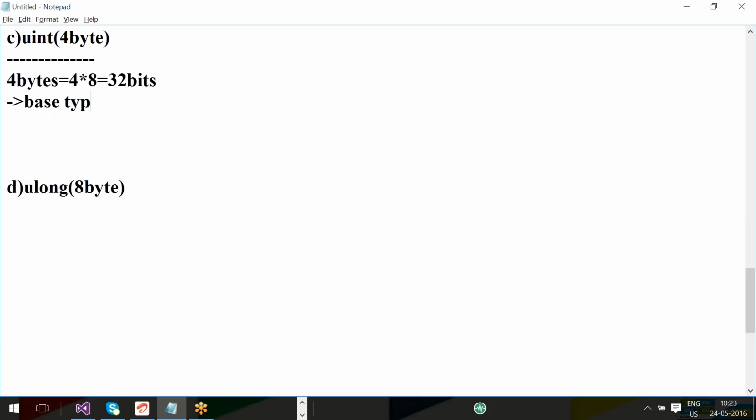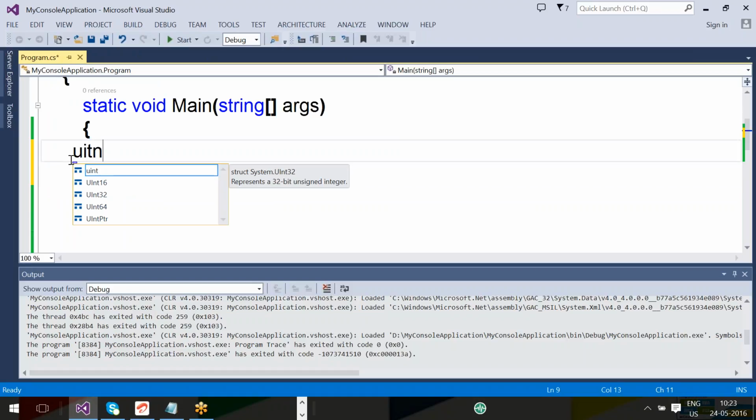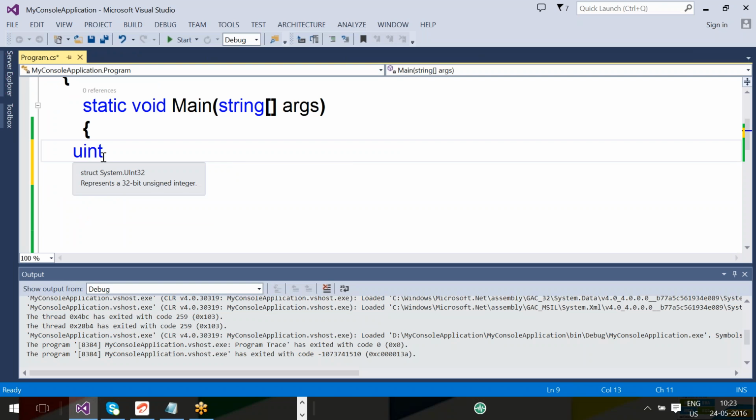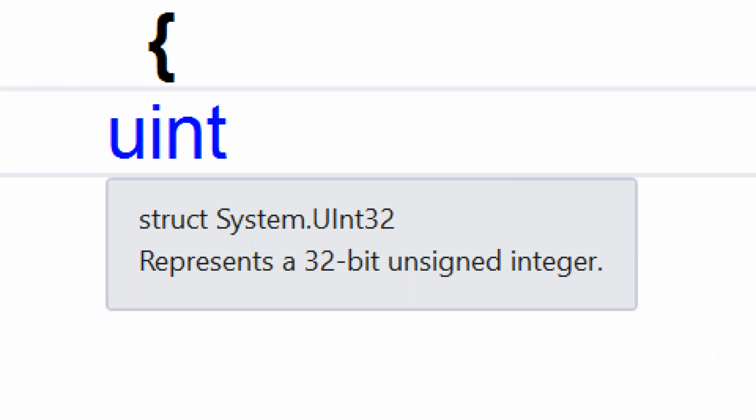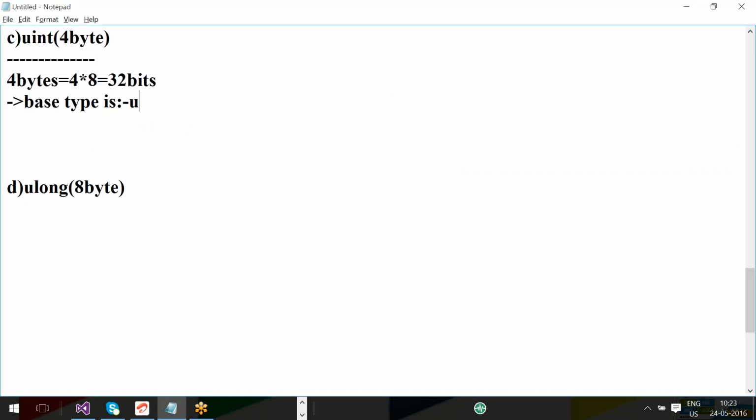Coming to base type for uint, you can guess also. Base type is System.UInt32. Okay.